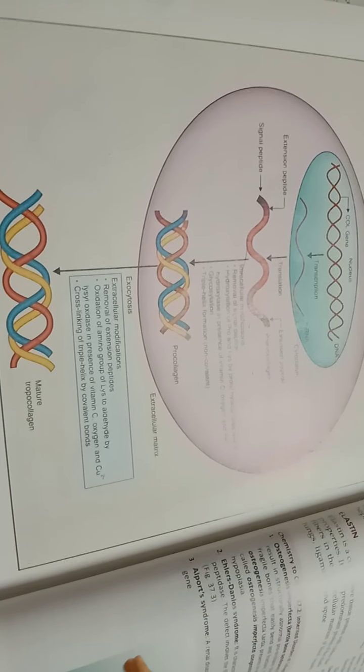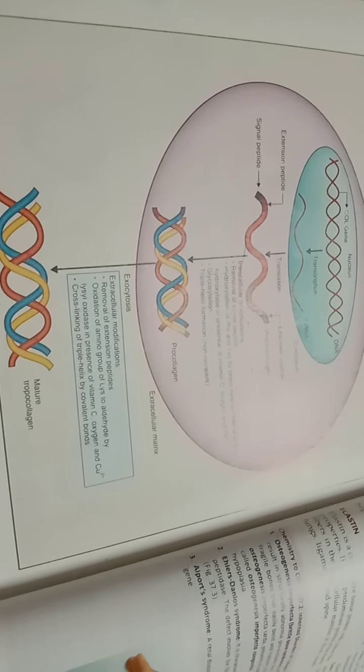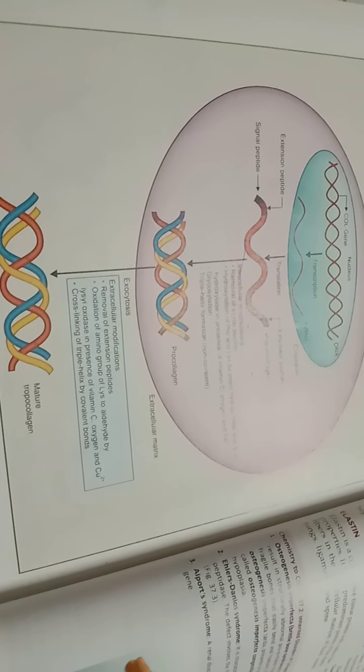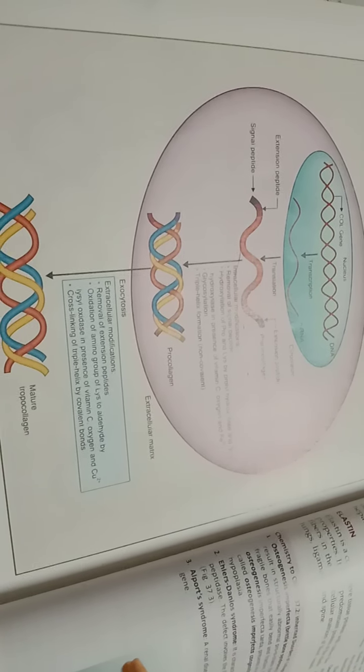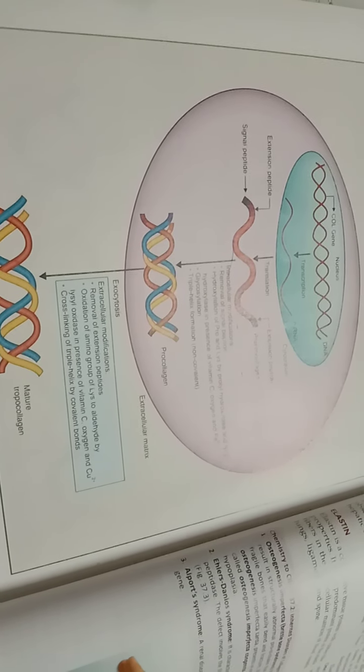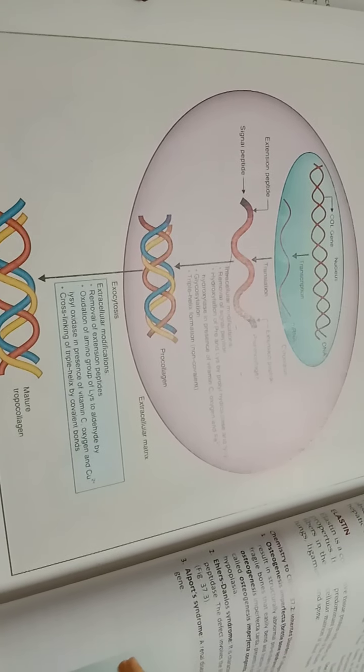Here you see the removal of extension peptides, and oxidation of the amino group of lysine to aldehyde by lysyl oxidase in the presence of vitamin C, oxygen and copper. Cross-linking of the triple helix by covalent bonds leads to the mature tropocollagen.